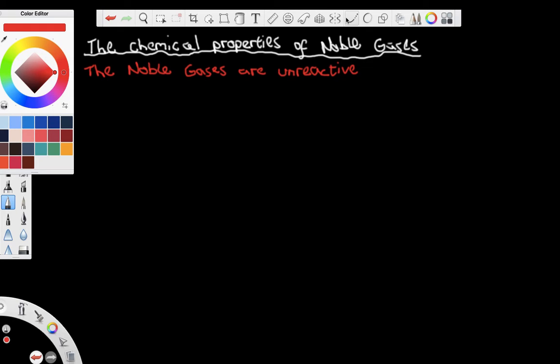Now, what we mean by the term unreactive, we can make that a key word. The word unreactive, so all keywords are in green.